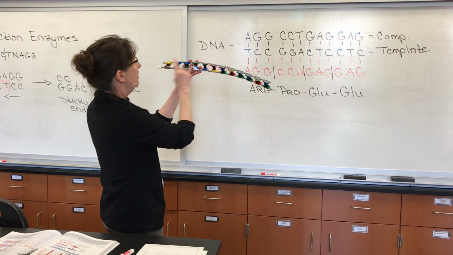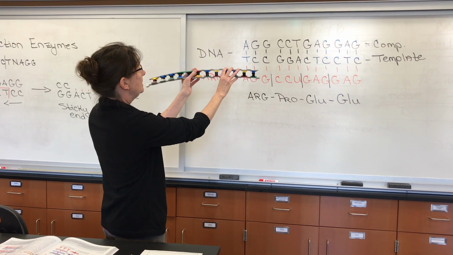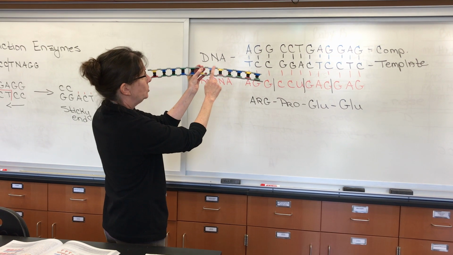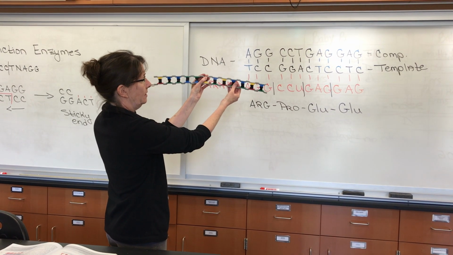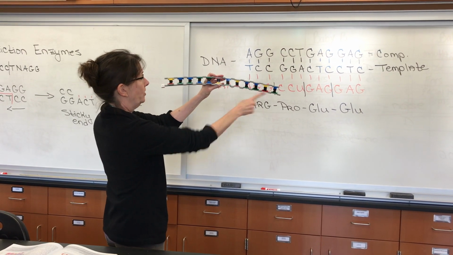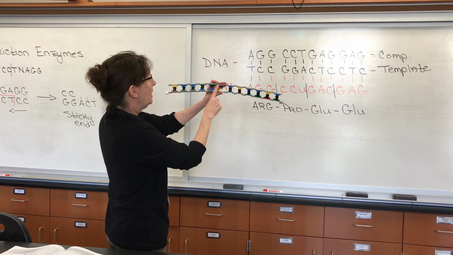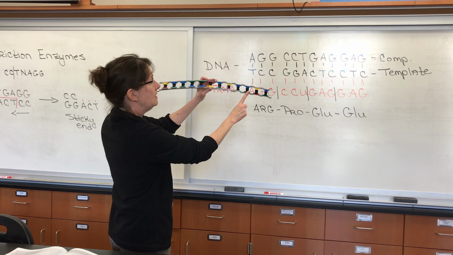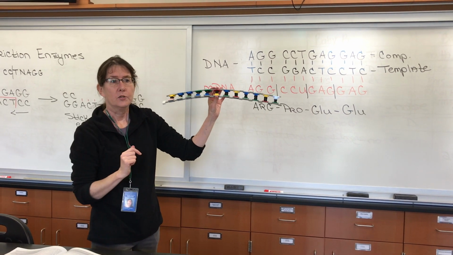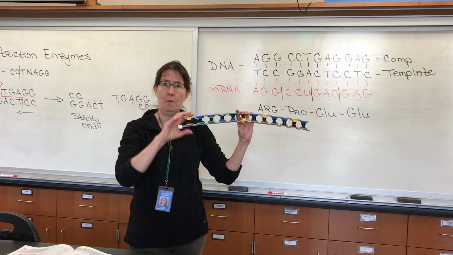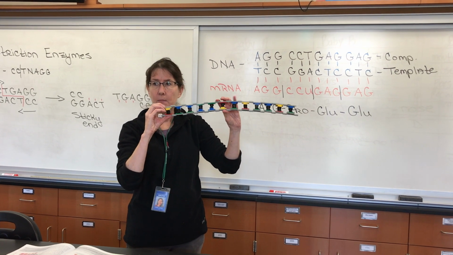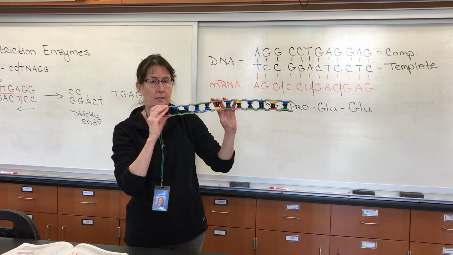So we have AGG, CCT, followed by GAG and GAG. And here's our complementary strand at the bottom: TCC, GGA, CTC, CTC. So we're going to add our imaginary MST2 restriction enzyme to this DNA molecule.